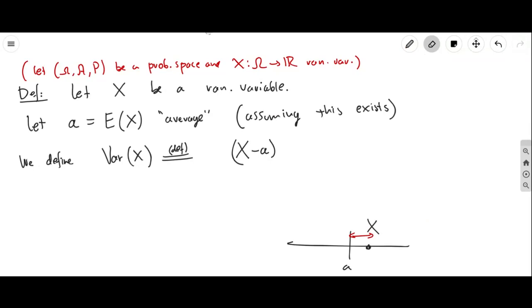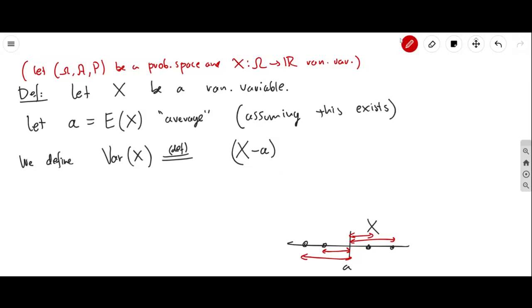You want to find the distance on average. So how do you find the average? Maybe these are different values of x, so you have different distances that you're getting, and you want to average out what's the average distance that you get away from the average.